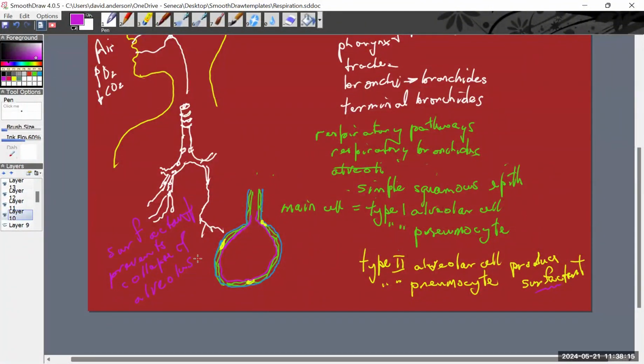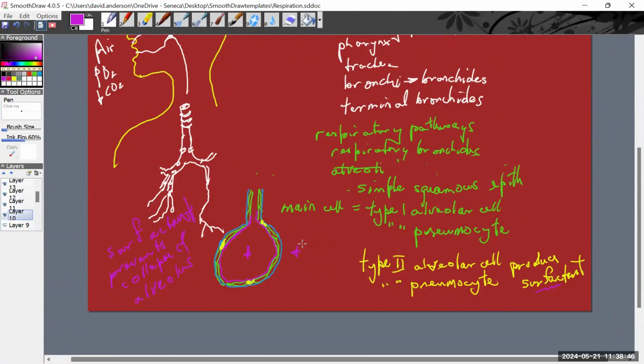So you could blow air out as hard as you possibly could, and the surfactant is designed to keep the airway open under all different types of circumstances. Otherwise there would be a tendency for the alveolus to collapse, especially when you think about that negative pressure. If that negative pressure ever became equal instead of negative, where the pressure on the outside is the same as on the inside, it's a possibility that that alveolus would collapse.